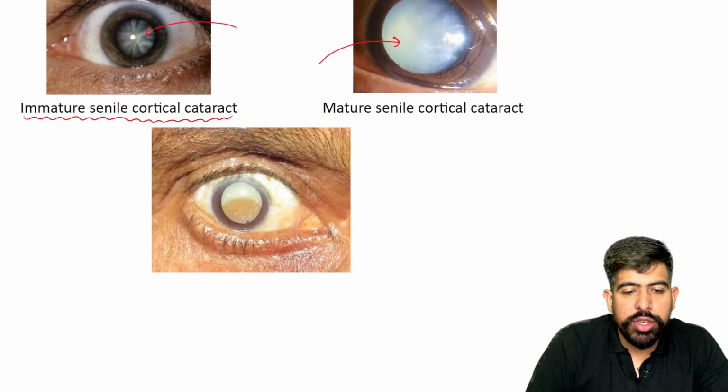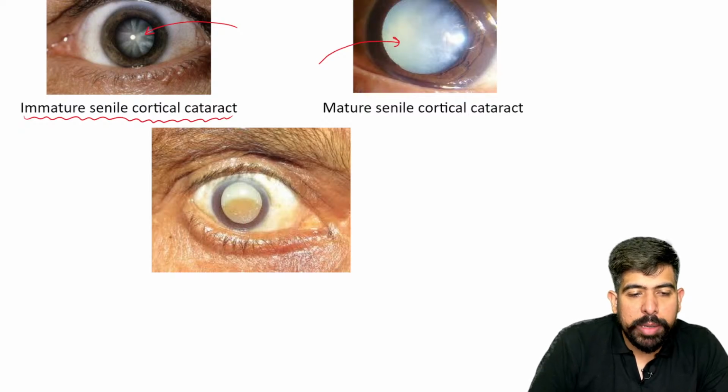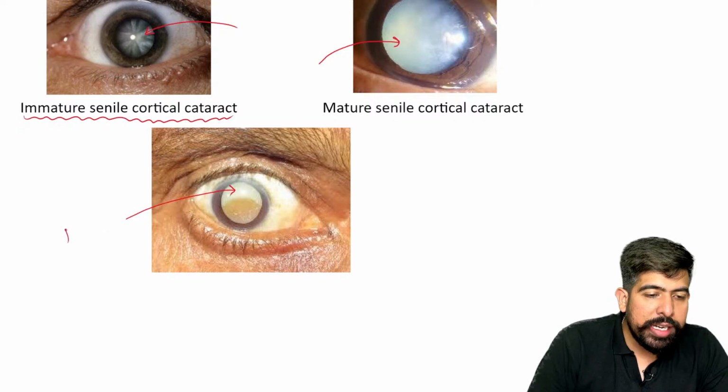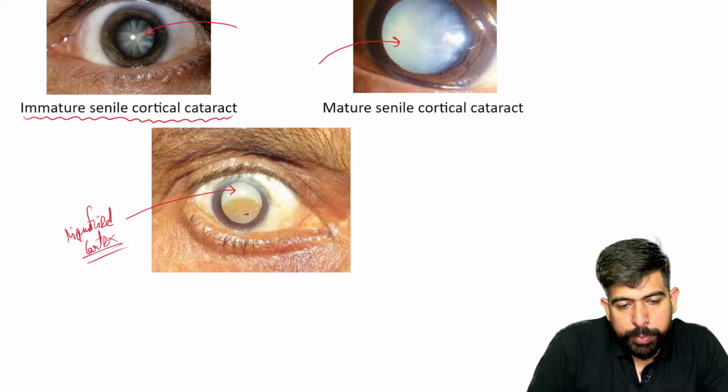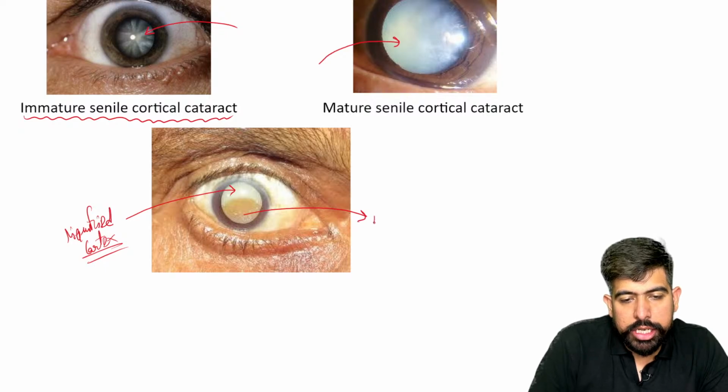And the last one, the hypermature, you can see over here: this one is the liquefied cortex, and this brown one is the nucleus, or we can say the sunken nucleus.